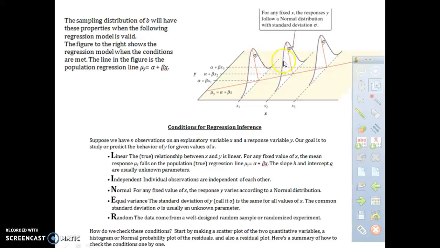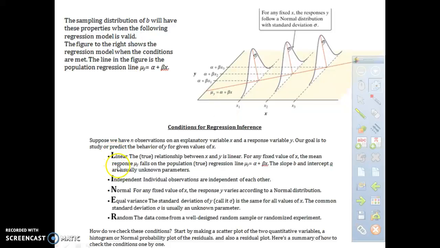Every single curve has the same standard deviation. So for that, we're going to make sure we have something called equal variance. So this diagram illustrates what we need to know for the actual conditions. I'm obviously going to give you a little way to memorize that, but that's basically the understanding behind it, or the concepts behind it.